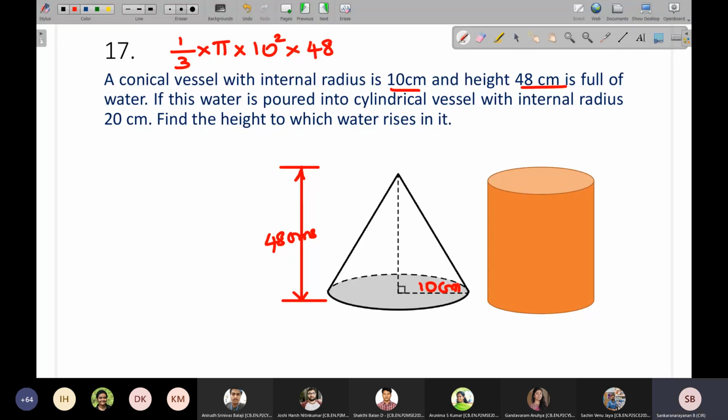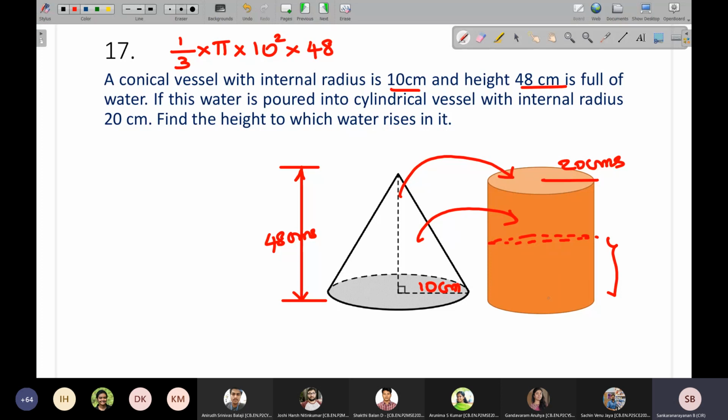Now this water is actually poured into the cylinder. You can see that this cylinder has an internal radius of 20 centimeters, correct? So the volume of the water column that is now getting collected inside this cylinder corresponds to the volume of water that is there in this conical vessel, because you are pouring the water from the conical vessel into the cylinder only.